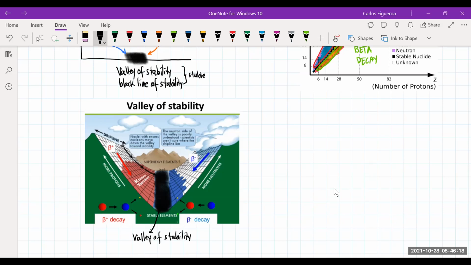So all nuclei want to move in that direction. When you look at the turquoise region, and beta is typically called beta minus, it starts all the way here and you're moving.